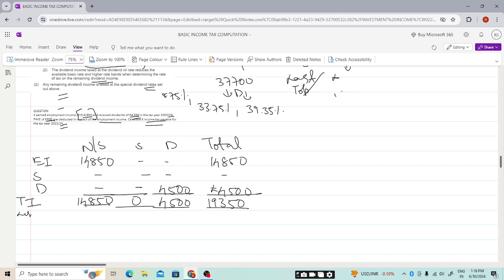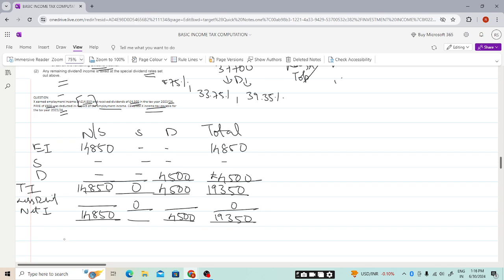So less relief, no relief is given. This will give rise to net income. Net income will be same as the total income because no relief is available. So total income and net income will be the same.